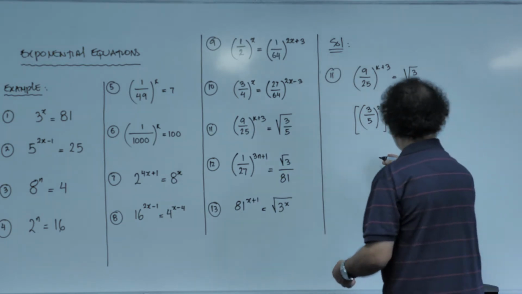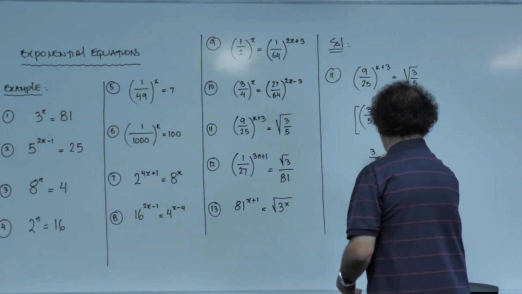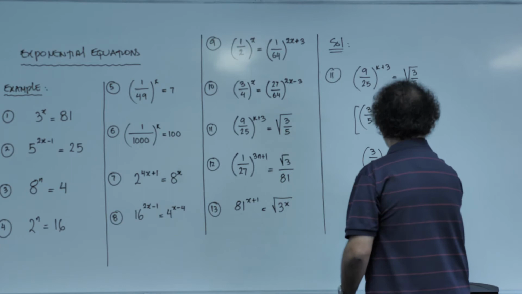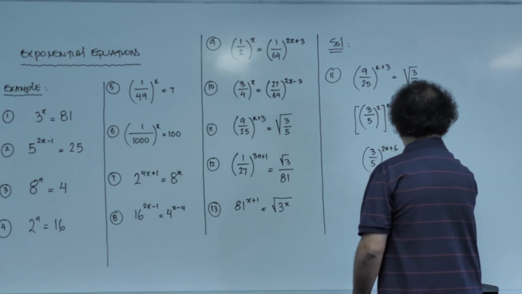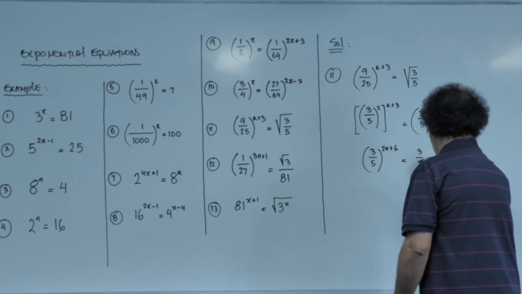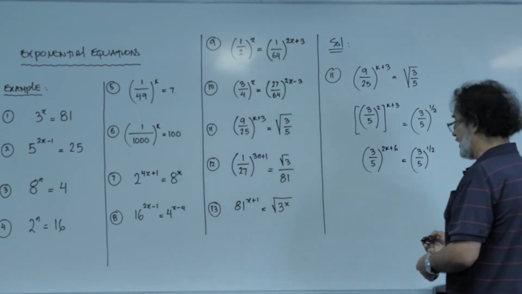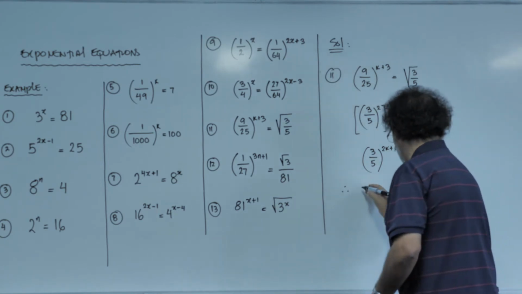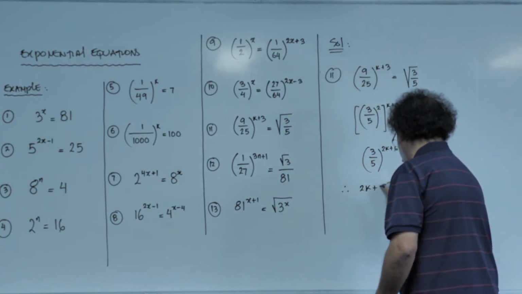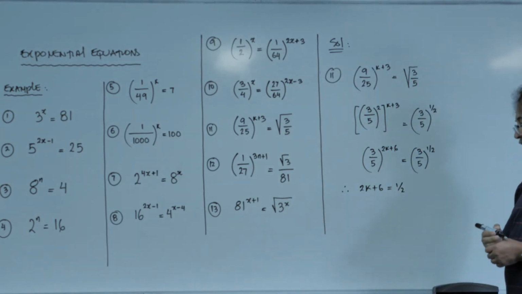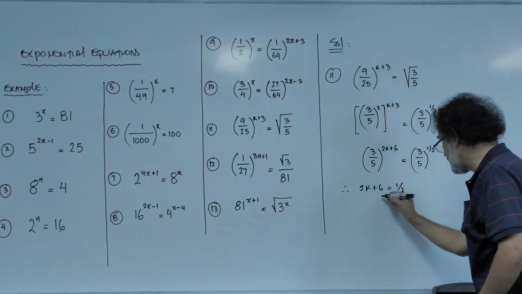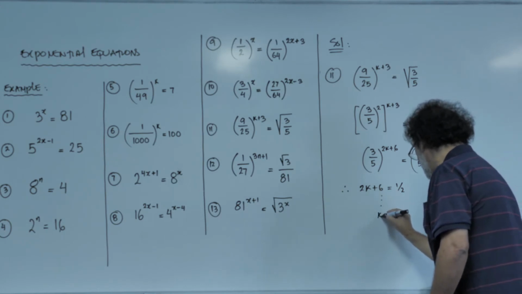Okay, so we're going to have 3 over 5 to the power of 2k plus 6 is equal to 3 over 5 to the power of a half. And then we solve the equation. So it's 2k plus 6 is equal to half. And then you're going to tell me what k is equal to.